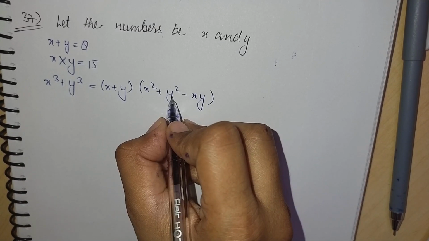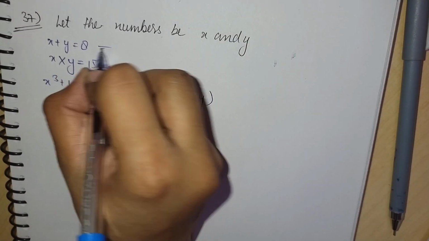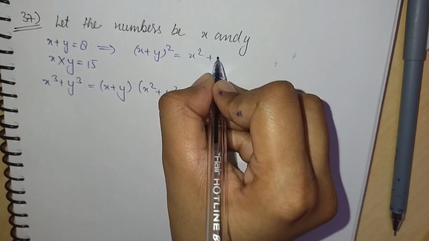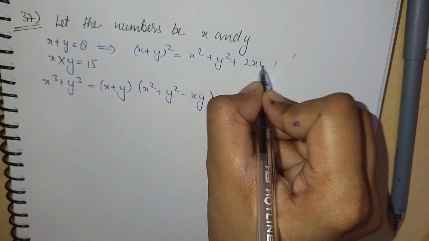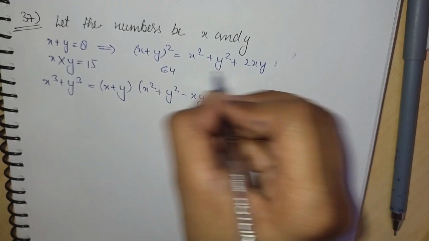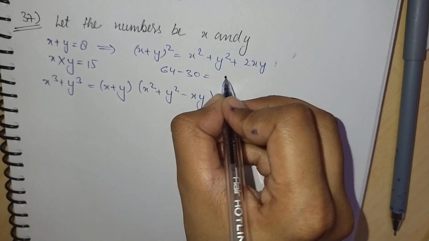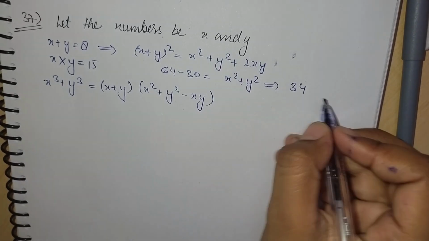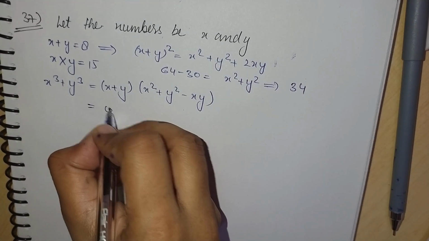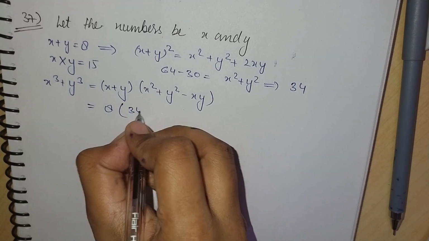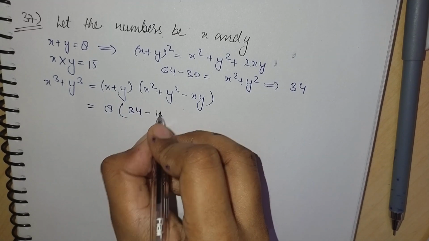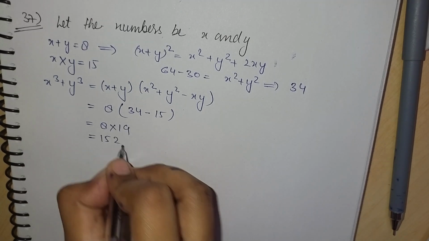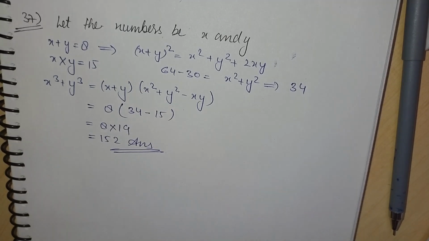To find the value of x square plus y square, we will square it. We will get (x plus y) whole square equal to x square plus y square plus 2xy. So 64 minus 30 equal to x square plus y square, which is equal to 34. So putting the values, 8 into (34 minus 15) equal to 8 into 19. So the answer here is 152.